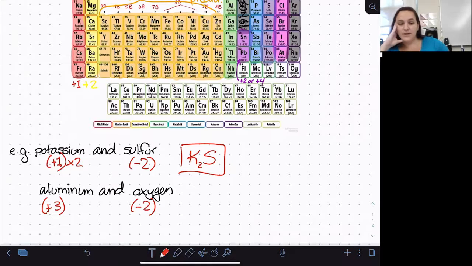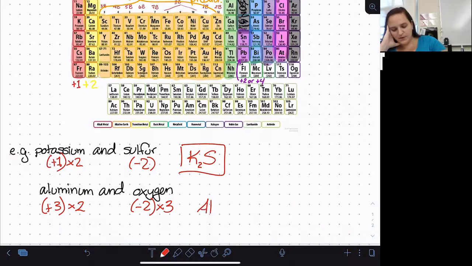So figuring how to get these to balance out, we can't have fractional atoms. We need our subscripts to always be integers. So the simplest way that we can do this is to have 2 aluminum ions paired with 3 oxide ions, so that we have a total of 6 positives. +3 times 2 is +6, and 6 negatives. -2 times 3 is -6, so that our total ends up once again at 0.